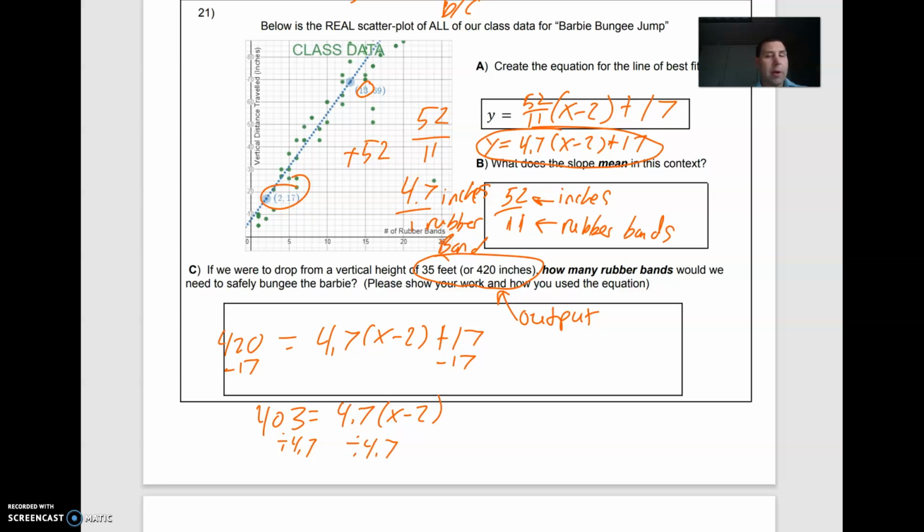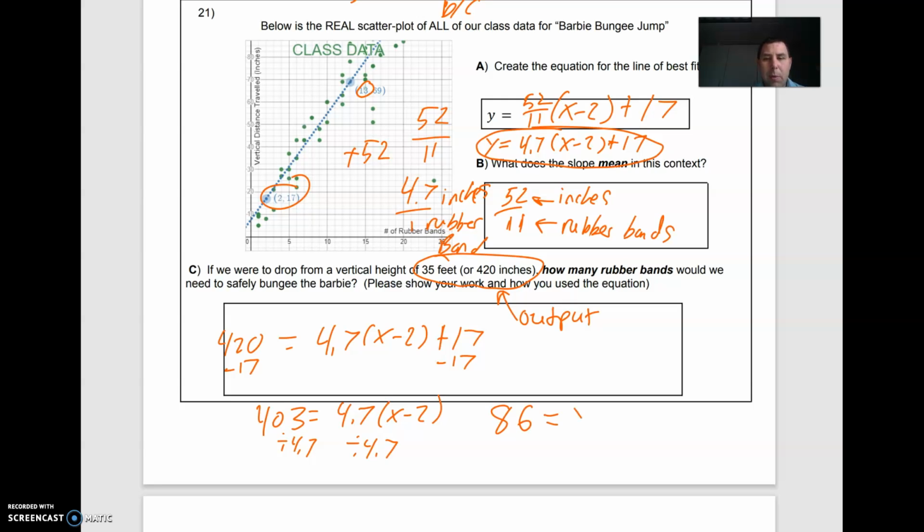There we go. 403 divided by 4.7 comes out to be about 85.7, so I'm going to round it to about 86 because I don't want to deal with the decimal, and that's fine.